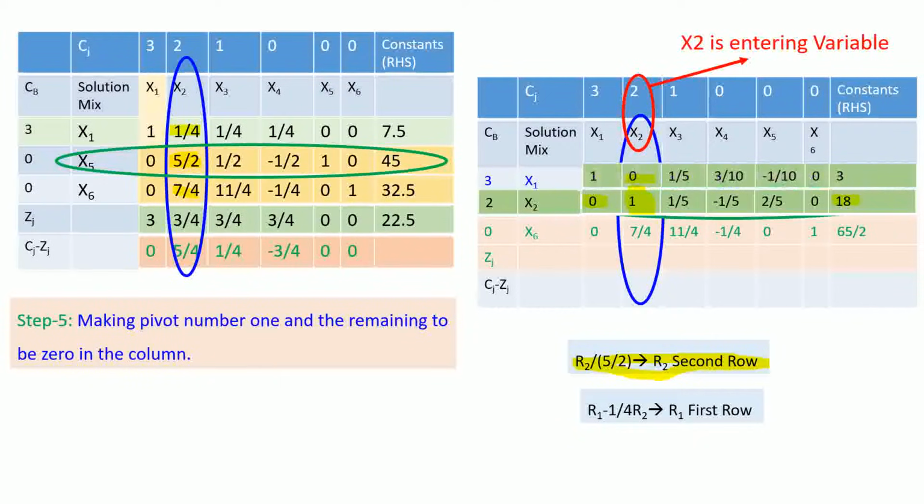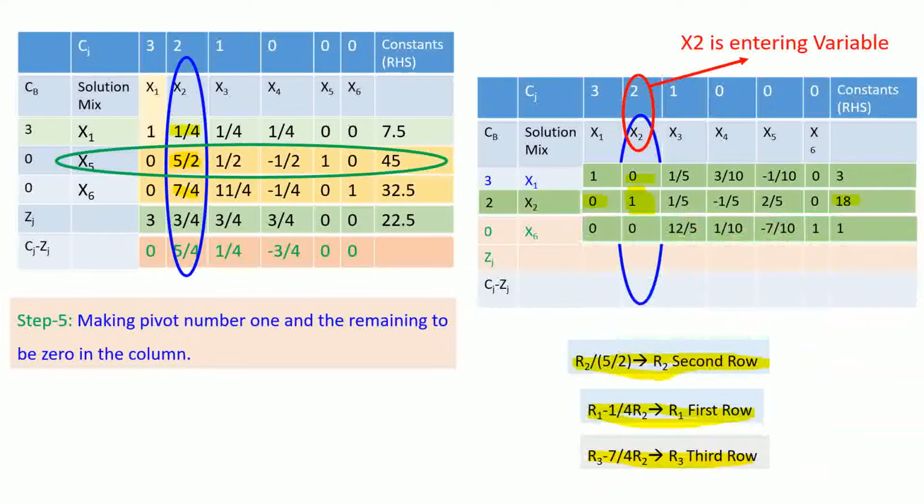When we operate this matrix operation, the first row can be converted into this value. And now the next step is to make 7/4 to be 0. To make 7/4 to be 0, we have to subtract R3 minus 7/4 R2. We have to conduct this operation on the third row, so we get the value like this.